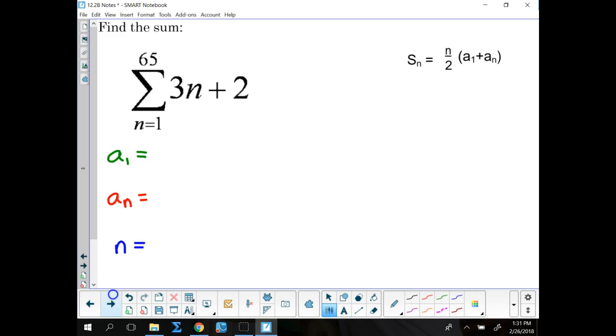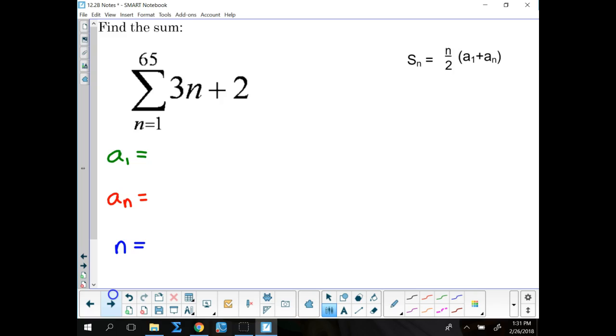Okay? How do I find, using sigma notation, the first term? How do we find the first term when using sigma notation? Plug in, because it's not always going to be 1.